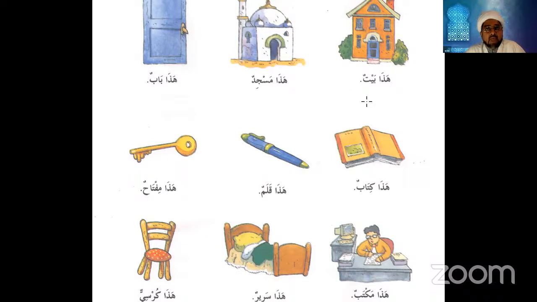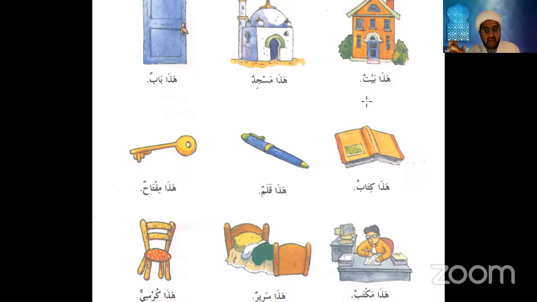Because to make a complete sentence, there has to be something to create a relationship between this and house. In English, a noun is a word which indicates an object, a person, or a thing.